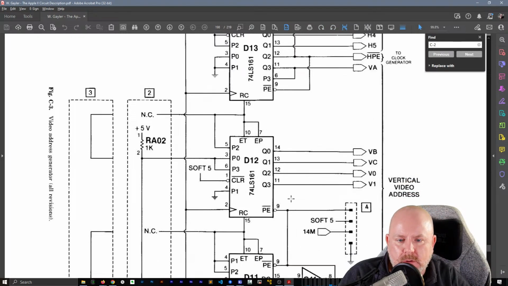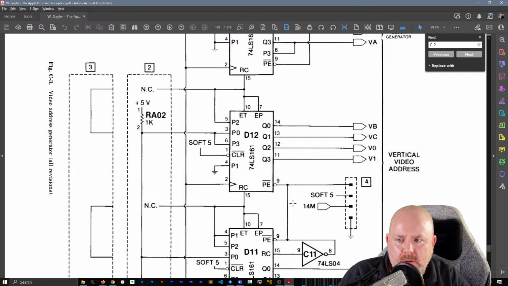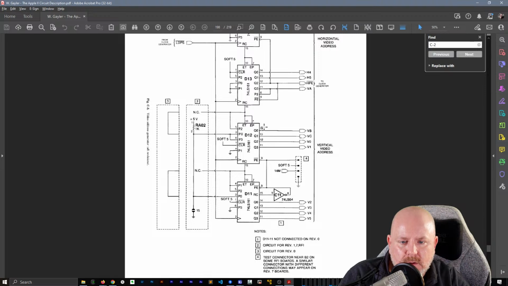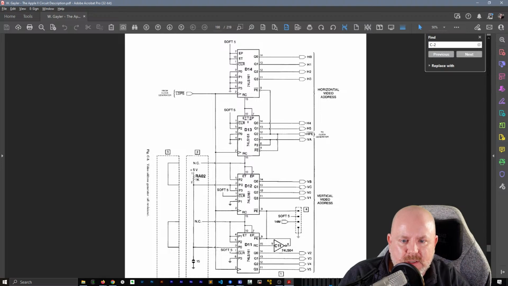So what is going on here? D13, pin 15 connects to, so 15 connects to 10 and 7.